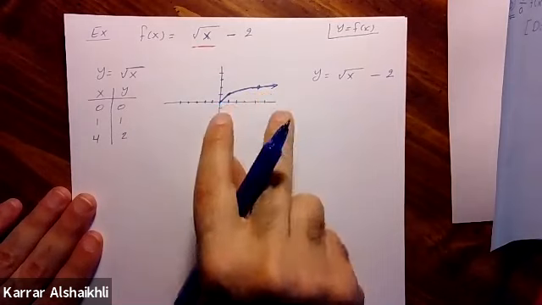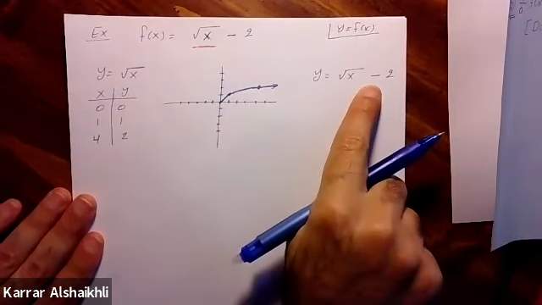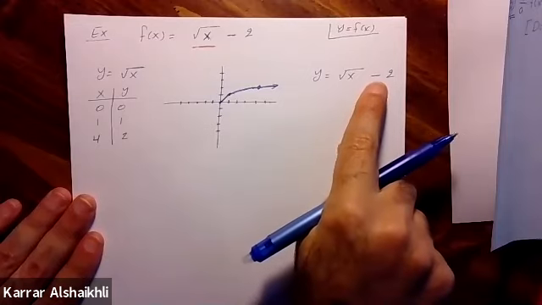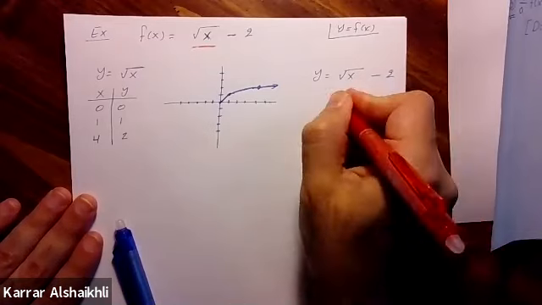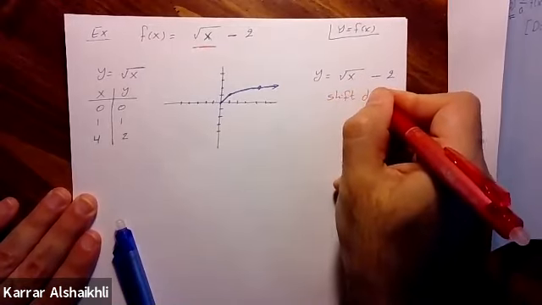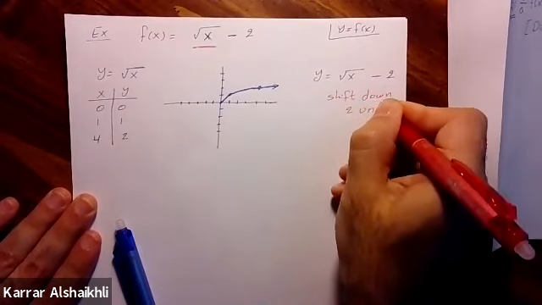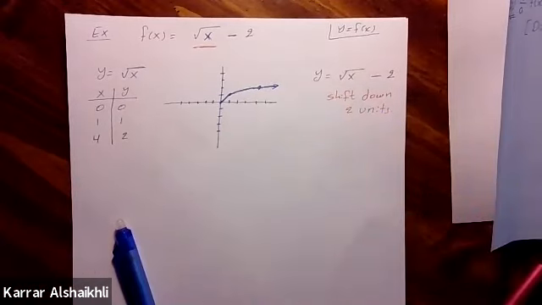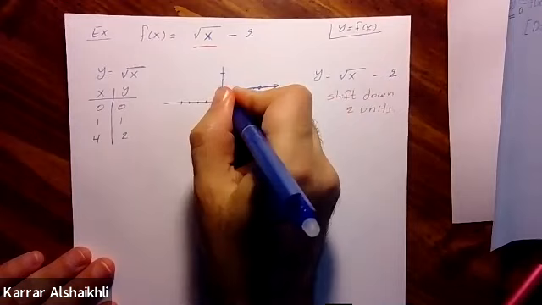These points, I'm going to shift down 2 units. Because you see this technique here, shift down. The technique here, shift down 2 units. That means I'm going to shift down each point here.